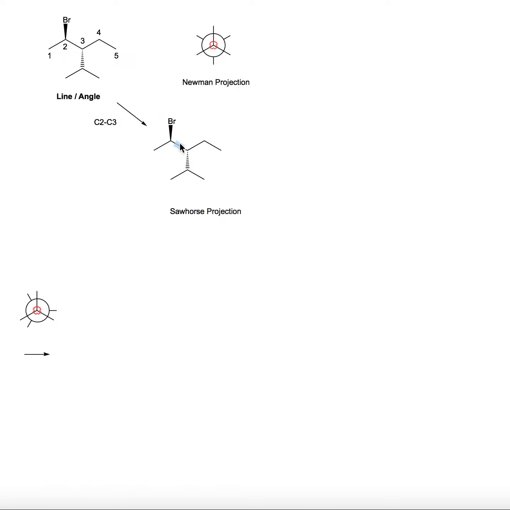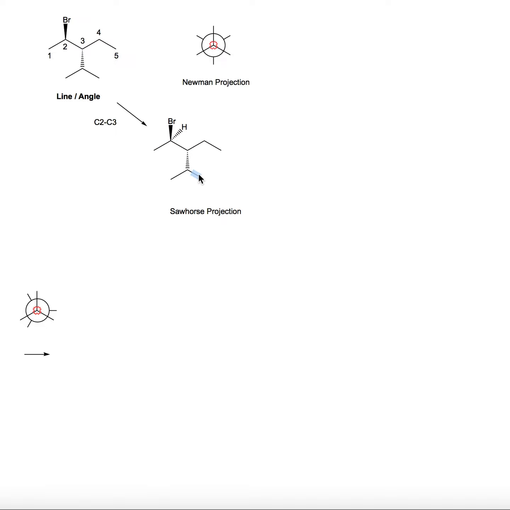As you should know at this point, in this carbon we have one hydrogen, because we are talking about carbons that are sp3 hybridized, so they have 4 single bonds. And that hydrogen must be going away from you. Remember, the flat lines in these line and angle structures are bonds that are in the plane of the screen.